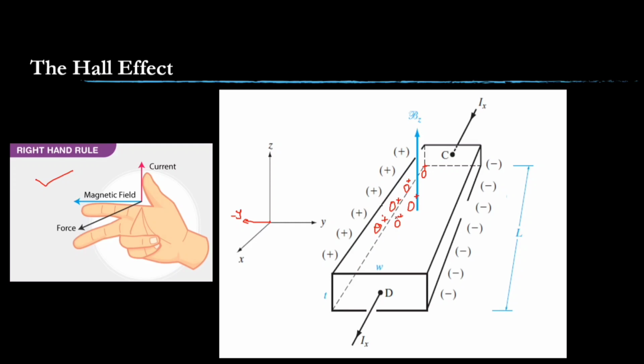The current is in this direction, but holes will accumulate on this side of the semiconductor. Automatically, electrons will accumulate on the other side of the semiconductor. So you can see the charges have been separated because of the Lorentz force.